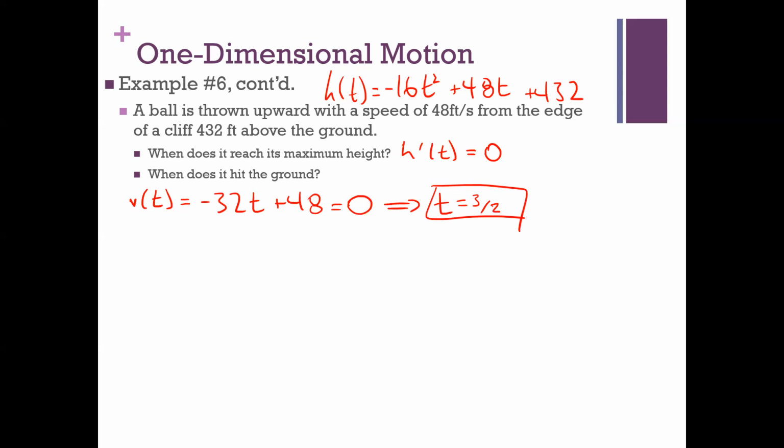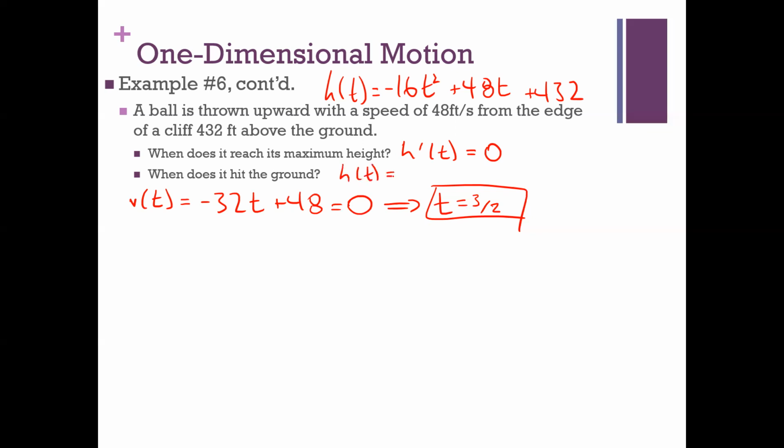All right, now I want to know when it hits the ground. When would that happen? When h of t equals 32? You're on the right track. I think it's the way that I intended this, and maybe it's just not totally clear.